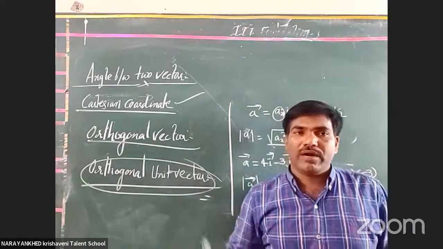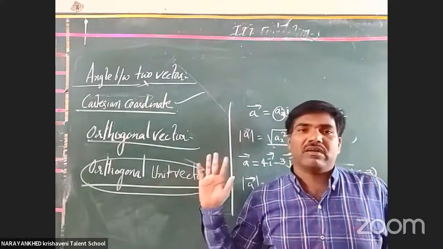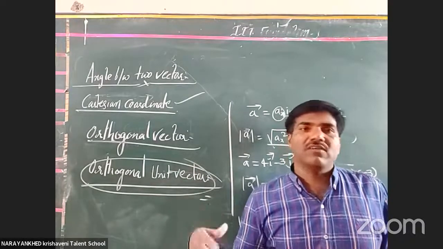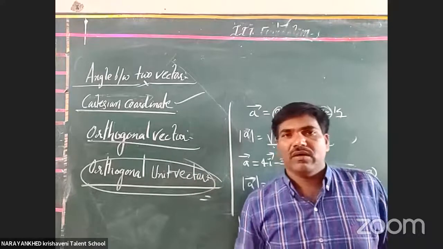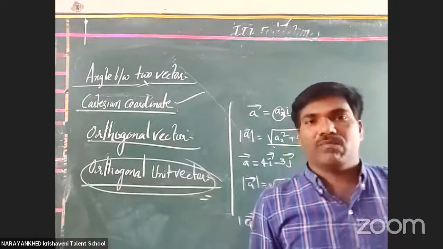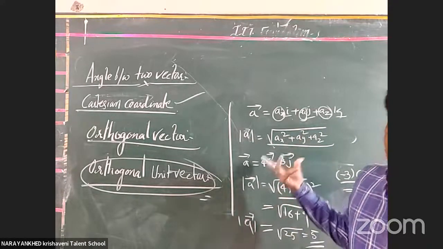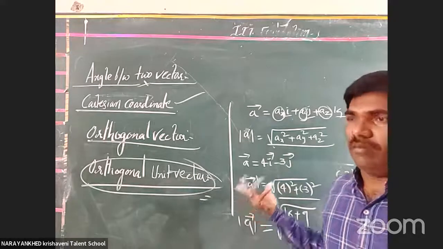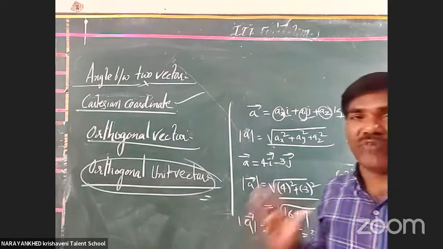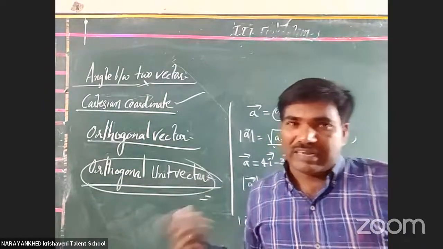What is required: the coordinates, the orthogonal unit vectors, and the modulus of the vector are also required. These are the requirements to perform the mathematical applications on our vectors. Got it? How to find the angle between them, what the direction is, and what the vectors are.